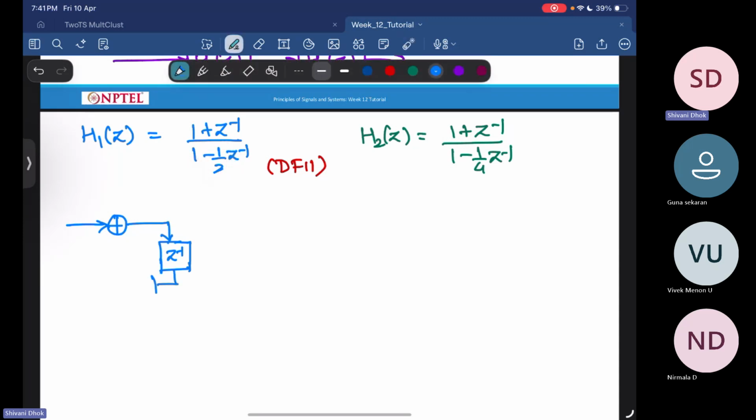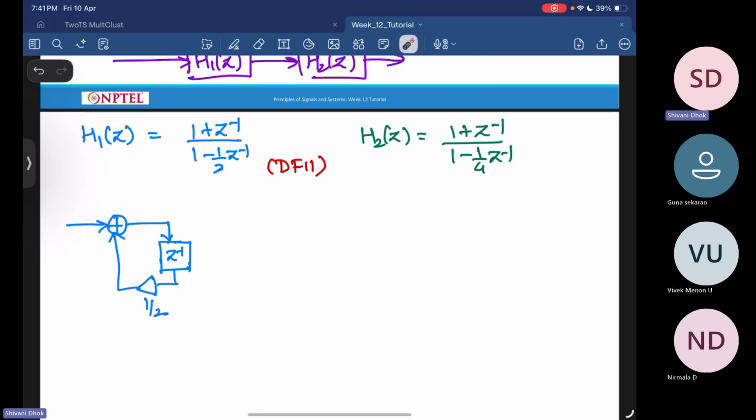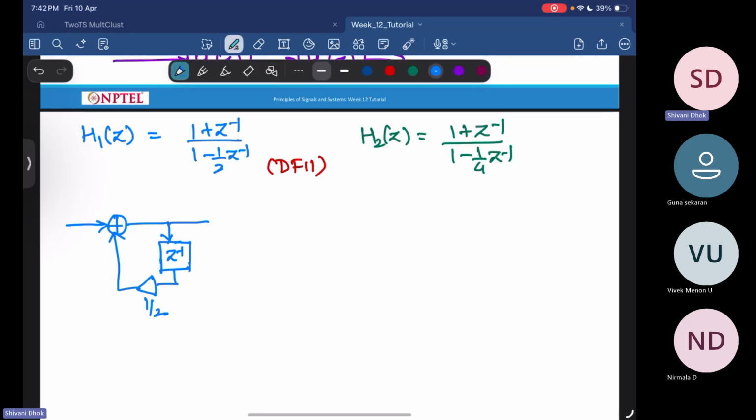Since it is in the denominator, it changes its sign and you get something like this. Now for the numerator, you have a 1 coming from here, and you have plus z inverse, so something like this from here. So this is basically your H1 of z.